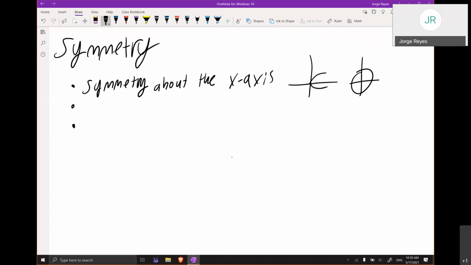A circle is technically symmetric because if you fold it in half across the x-axis, it should match perfectly. So this means if you replace y with negative y, nothing changes.